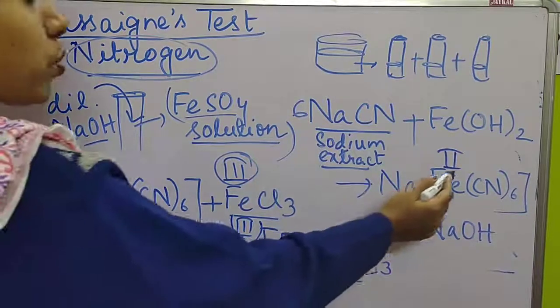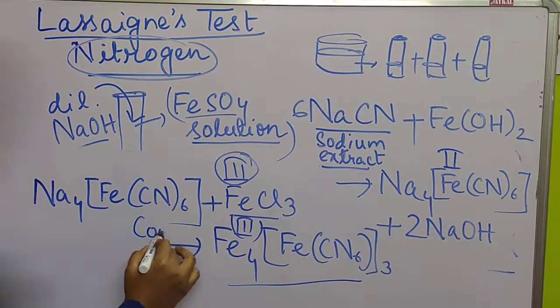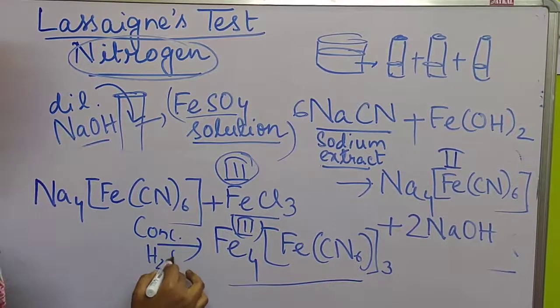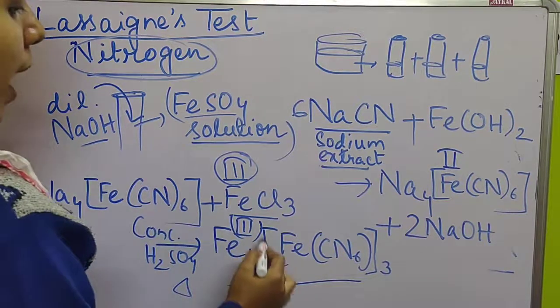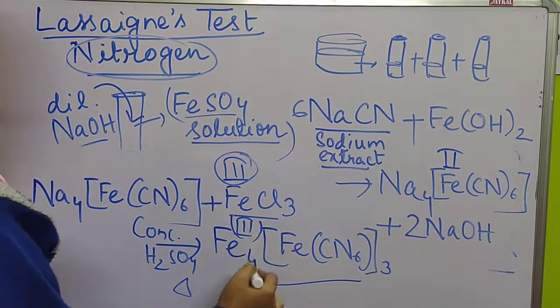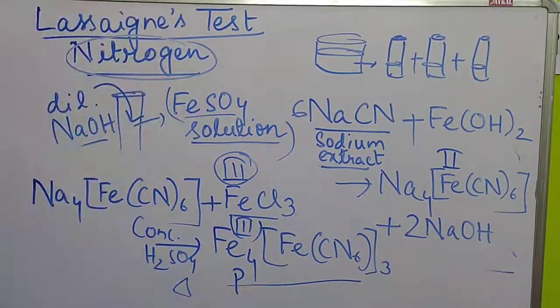This iron was in the 2 oxidation state. Now by adding ferric chloride and by heating it in presence of concentrated H2SO4, this iron is oxidized to a higher oxidation state as Fe4[Fe(CN)6]3. So it will show a Prussian blue color.